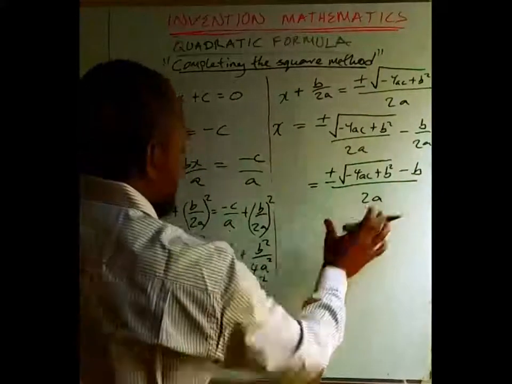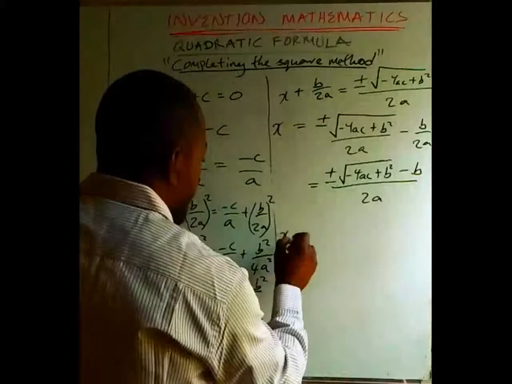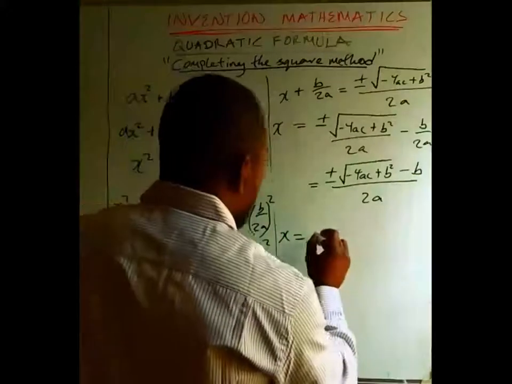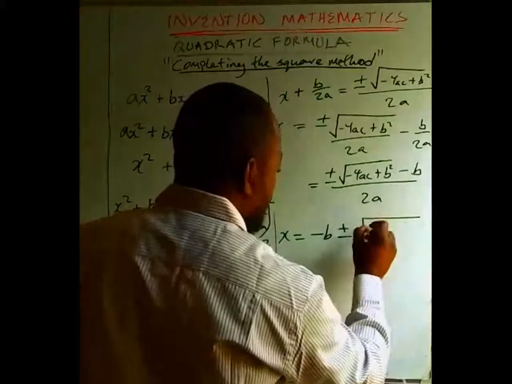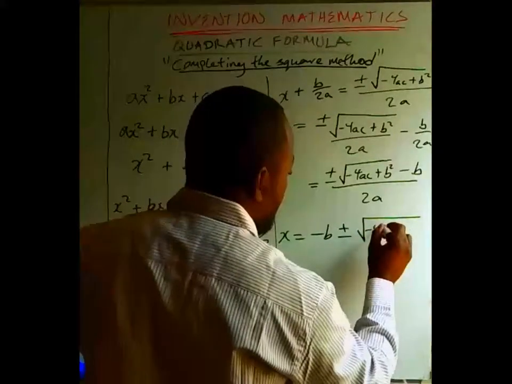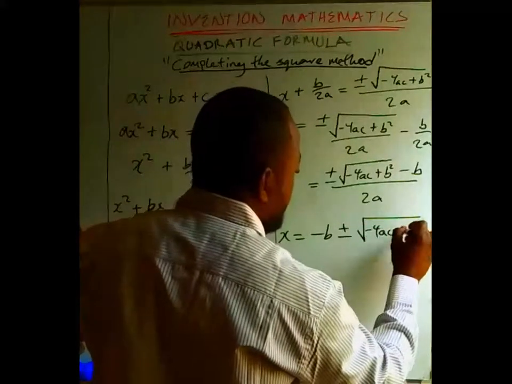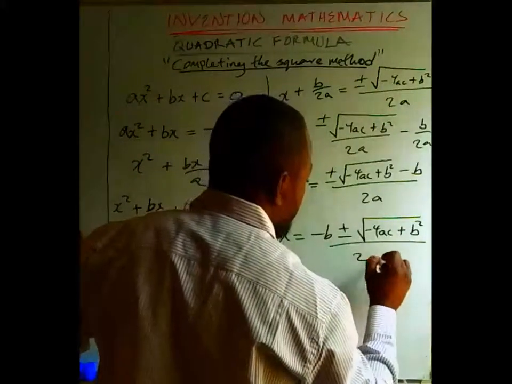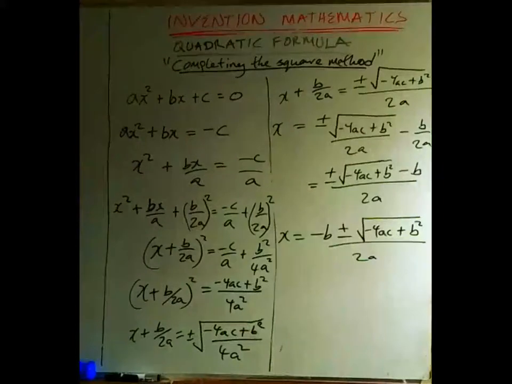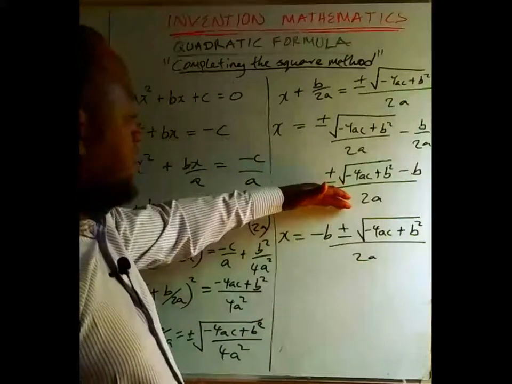So when we rearrange this, we now have the quadratic formula. x is equal to minus b plus or minus the square root of b squared minus 4ac, all over 2a. This is how the quadratic formula is deduced.